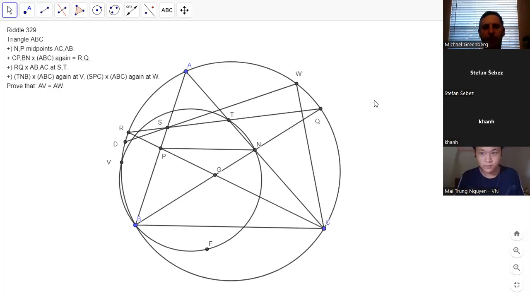So maybe it would be better to draw the symmedians. Wait, so you're redefining W, and then you want to prove that arc DB equals arc RA? Yeah, exactly. Which is the same as showing that CD is a symmedian, from what Stefan just said.